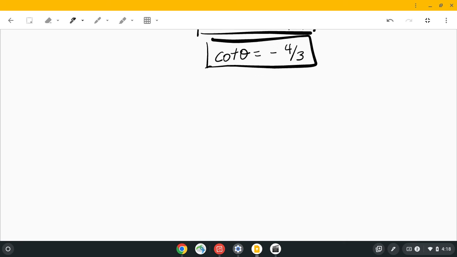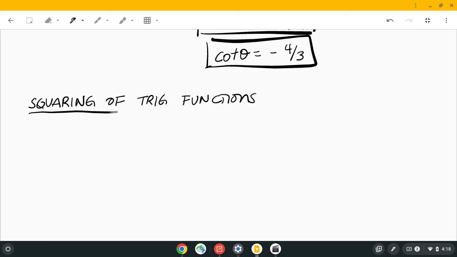Let's take a look at the squaring of trig functions. We're bringing this up so that you're familiar with the notation.